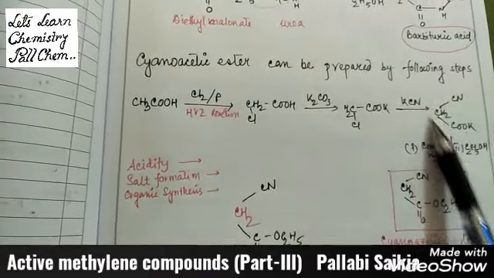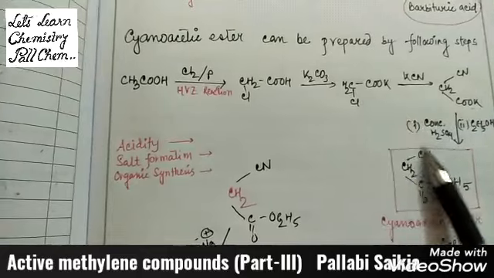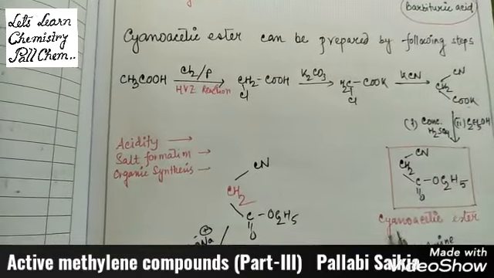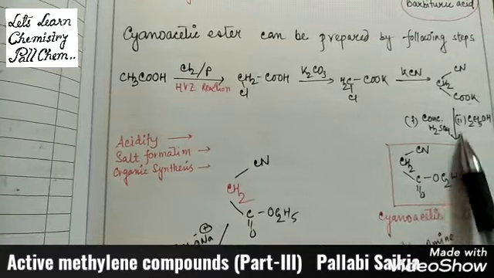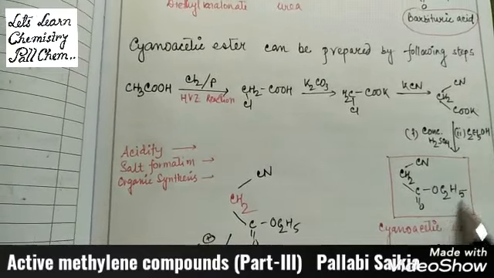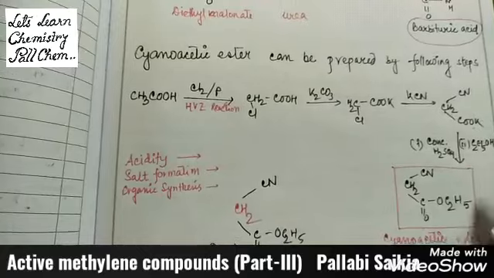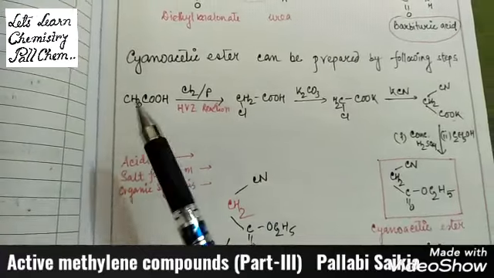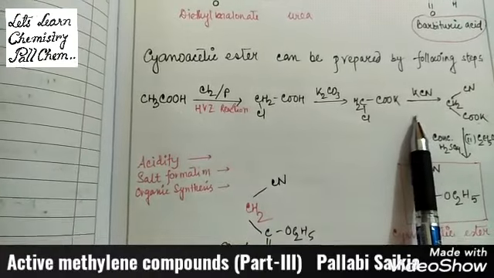Then treating this with concentrated sulfuric acid followed by reaction with ethanol, we get cyanoacetic ester. This ester can be prepared with reactions similar to diethyl malonate.